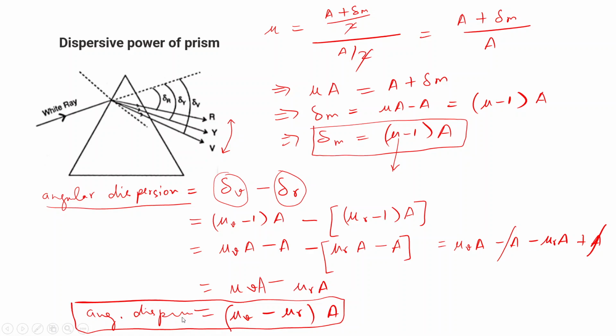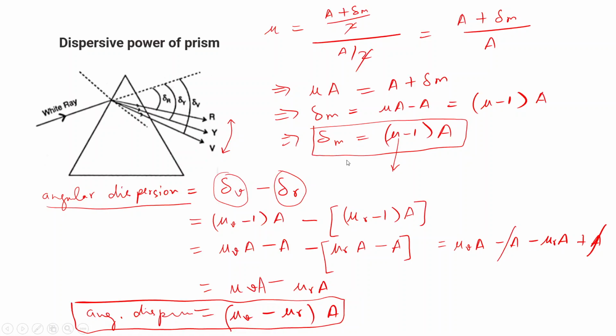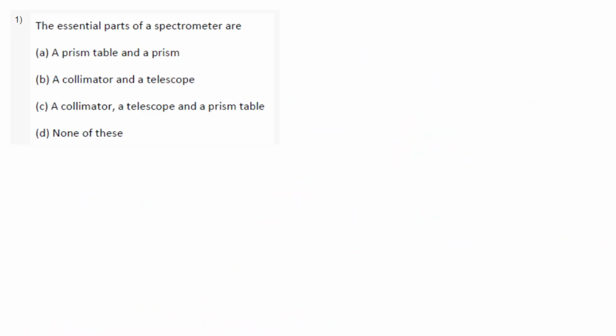So this was the angular dispersion relation. Now the angle of minimum deviation relation for yellow light will be: refractive index for yellow light minus 1 times angle of prism, which is constant.